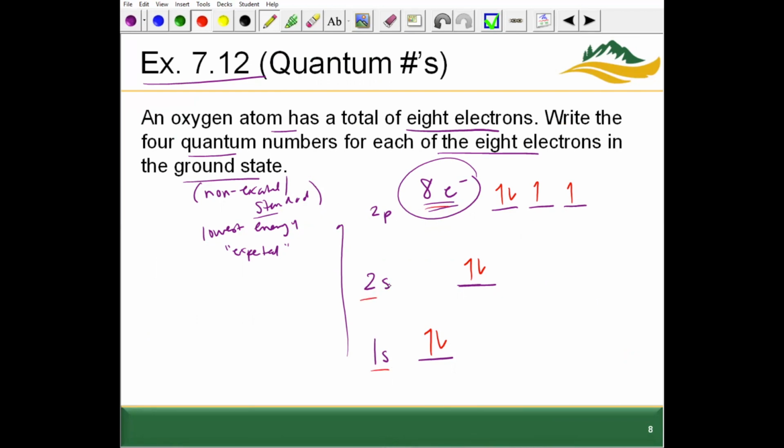We needed these energy levels in order, and we need to be familiar with how many electrons an s orbital can hold, as well as p. So s can hold 2 electrons. For p, there are 3 orbitals that can each hold 2, so that's up to 6 electrons for p.